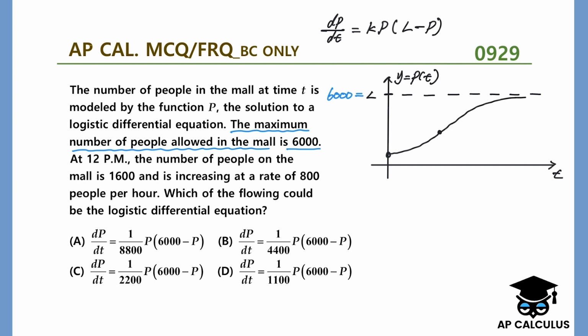At 12 p.m., the number of people in the mall is 1,600, and it is increasing at a rate of 800 people per hour, right?